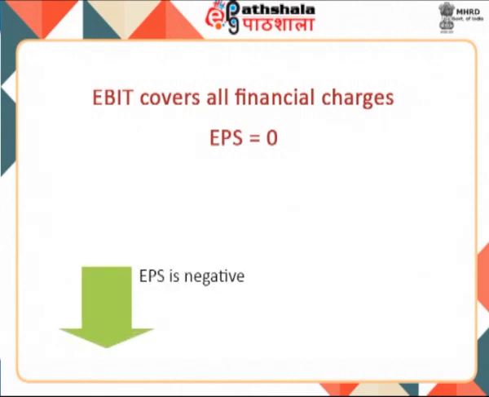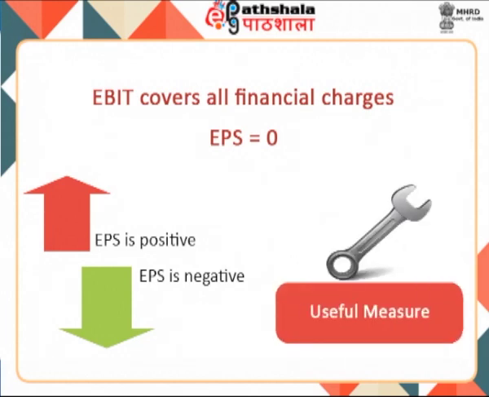However, once the firm achieves financial break-even, the earning per share rises disproportionately to changes in EBIT, that is earning before interest and taxes, as it gives a good indication about earning per share for the firm and thus the financial risk associated with the firm. It is a very useful measure. Let us see how financial break-even point is calculated with the help of an example.